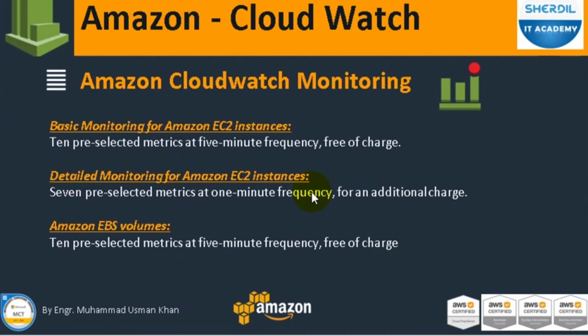Whenever we talk about detailed monitoring, it incurs charges and it's 1-minute monitoring. Detailed monitoring has 7 pre-selected metrics at 1-minute frequency for additional charges. So if you configure it, Amazon will charge, otherwise it will not. Then Amazon EBS volumes have 10 different pre-selected metrics at 5-minute frequency, which is also free of charge.